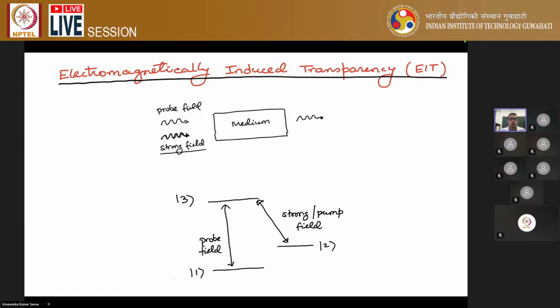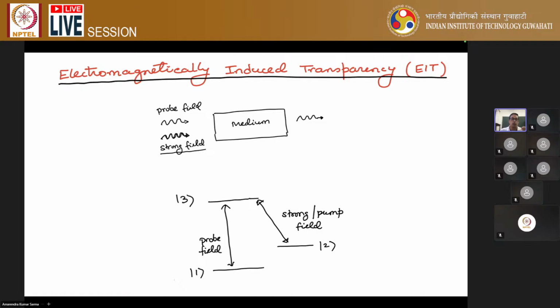Next, we discussed in this week 5 electromagnetically induced transparency. Here also I have given you the detailed discussion, but you have to focus on only the main concept here. What it basically means is that when you are applying a probe field and a strong pump field, generally the probe field gets absorbed if there is no strong pump field.